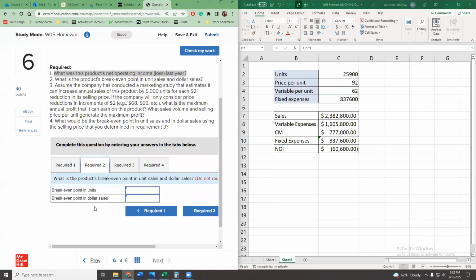For requirement 2, we need to find the break-even point in unit sales and dollar sales. The break-even point in units is the fixed expenses divided by the contribution margin per unit. We haven't found that one yet, but we can do it.